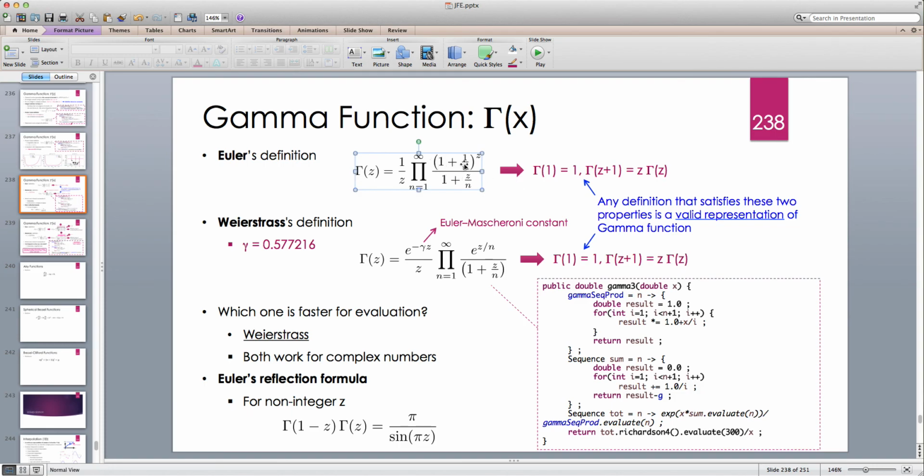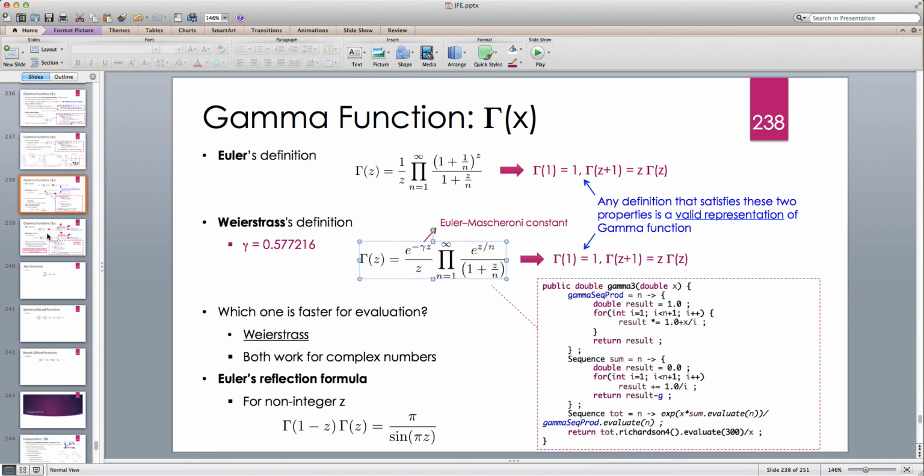Here we are calculating the number, raising it to some power, and then multiplying them. So it's kind of obvious why Weierstrass is better: in Euler's we are calling the power function many times, and that's inefficient compared to calling the exponential function once.